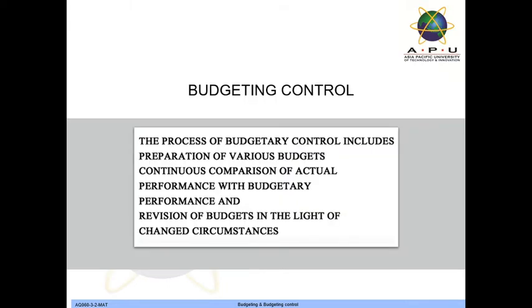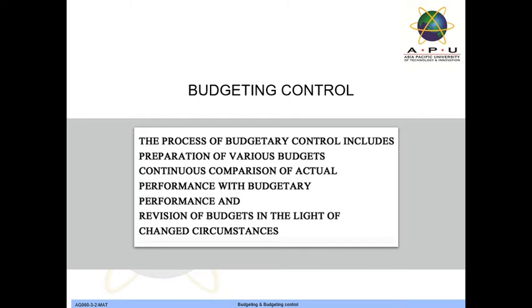The process of budgetary control includes preparation of various budgets, which I told you before, already covered in the master budget. Then continuous comparison of actual performance with budgetary performance, and revision of the budget in the light of changed circumstances.